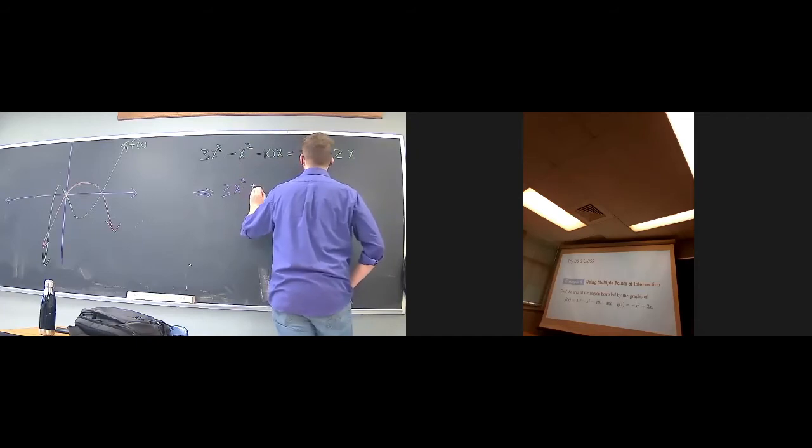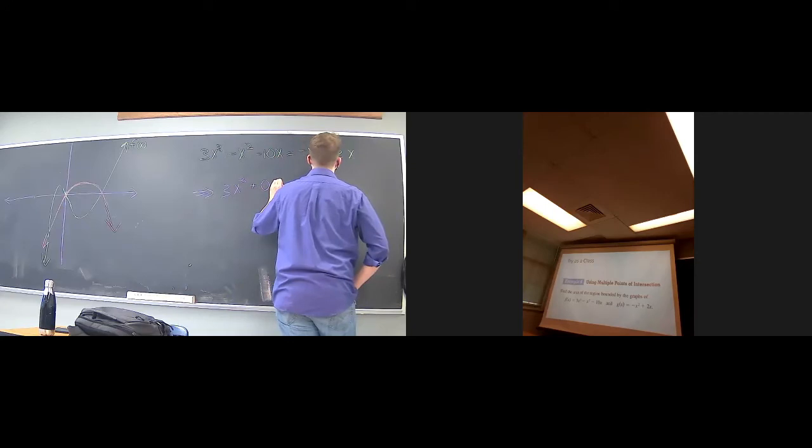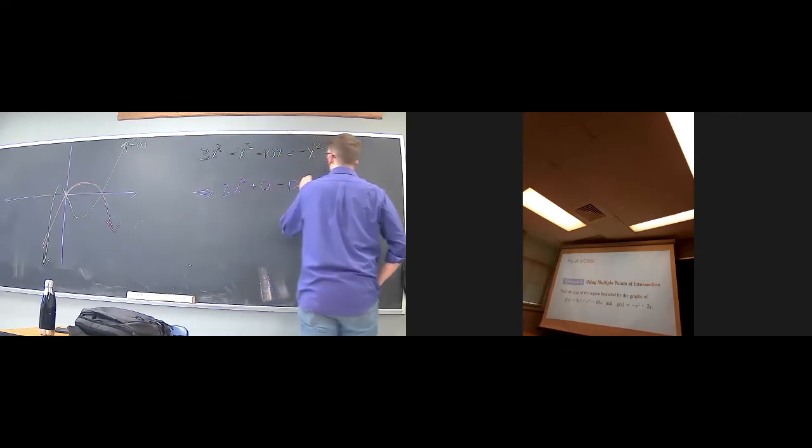We're going to get 4. My mistake, it's not 4x squared. We're going to get 3x cubed plus 0 minus 12x, right?